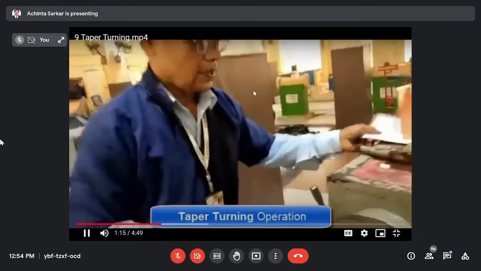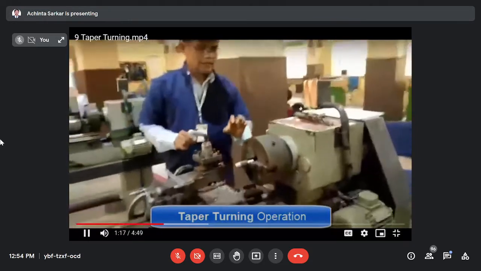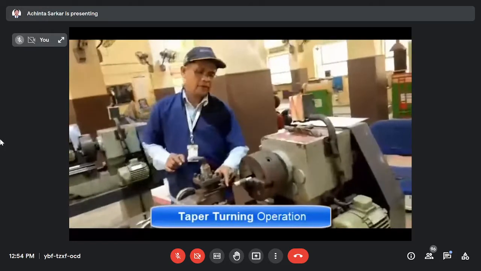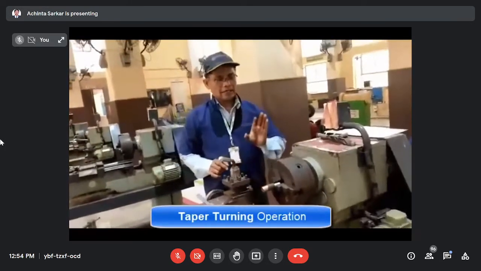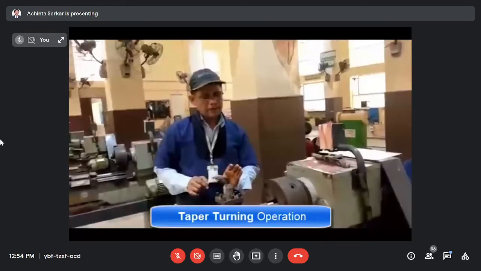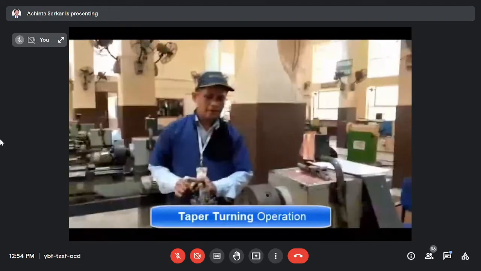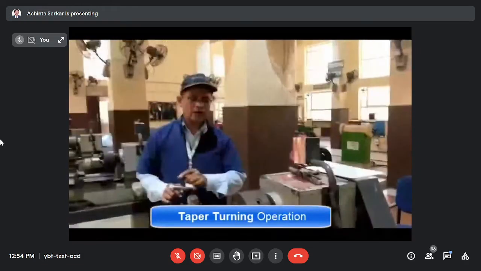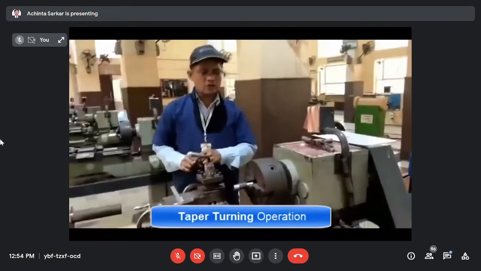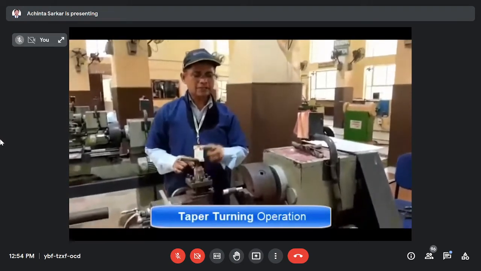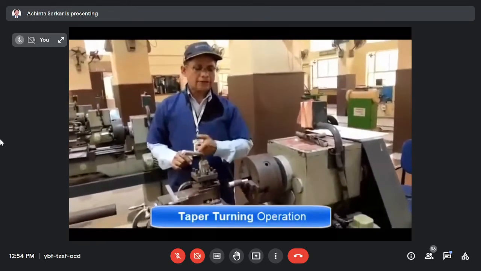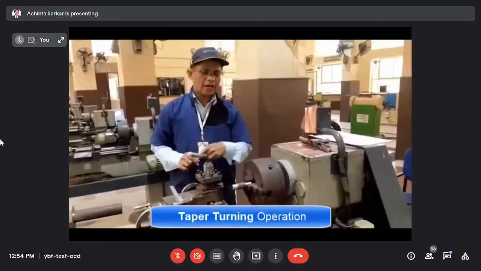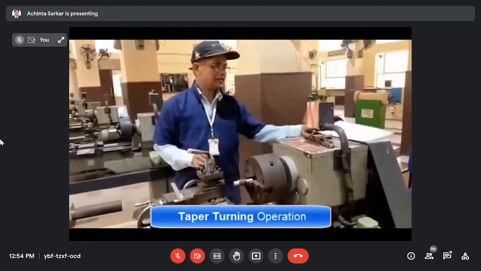See here. So how do you find the angle or path angle of a cutting tool? The formula: large diameter minus smaller diameter divided by 2 into L is equal to tan theta. So theta is equal to tan inverse of (large diameter minus small diameter) divided by 2 into L. L means taper length.